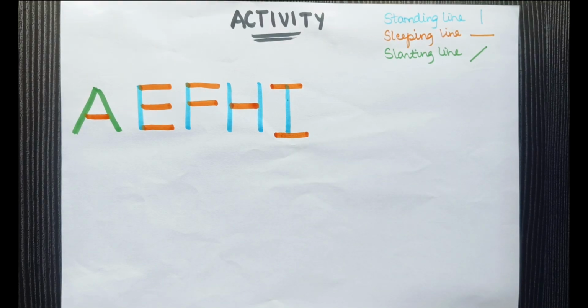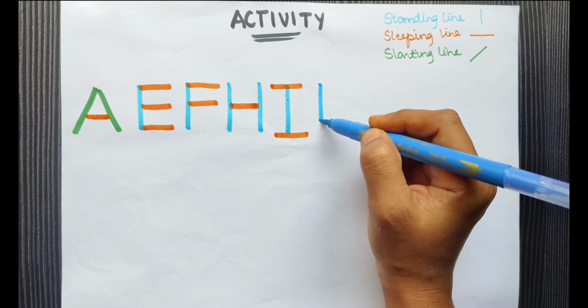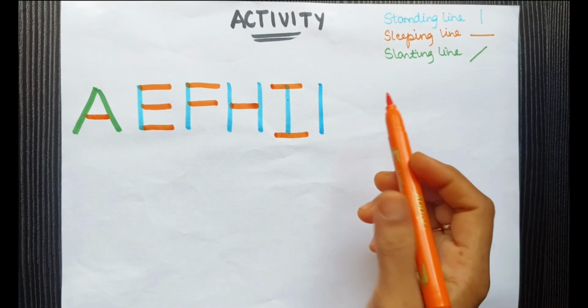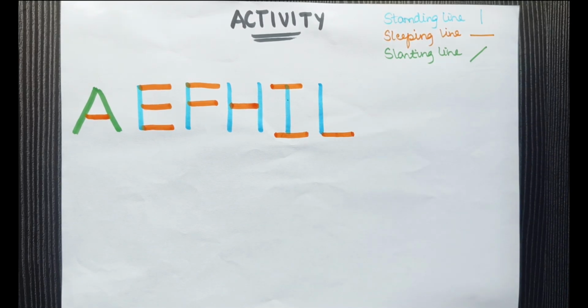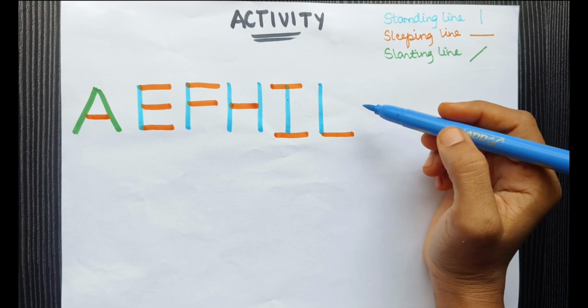Next one is L. L is formed using one standing line and one sleeping line. Standing line, sleeping line. M is formed using two standing lines and two slanting lines.